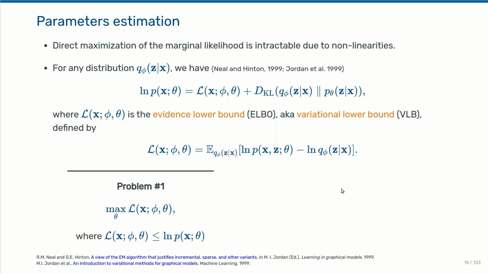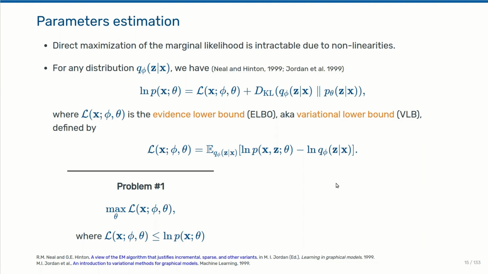We have now two problems because we need to maximize this lower bound with respect to both the parameters of the decoder or generative model and the parameters of this arbitrary distribution q phi.